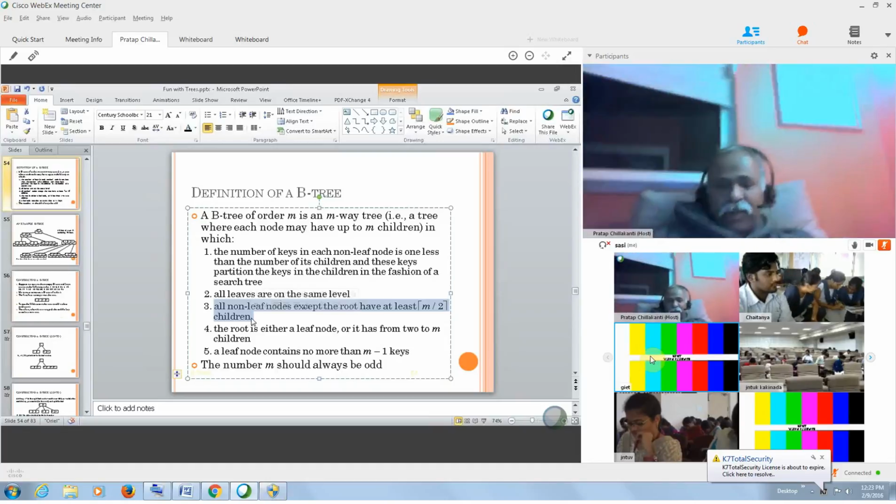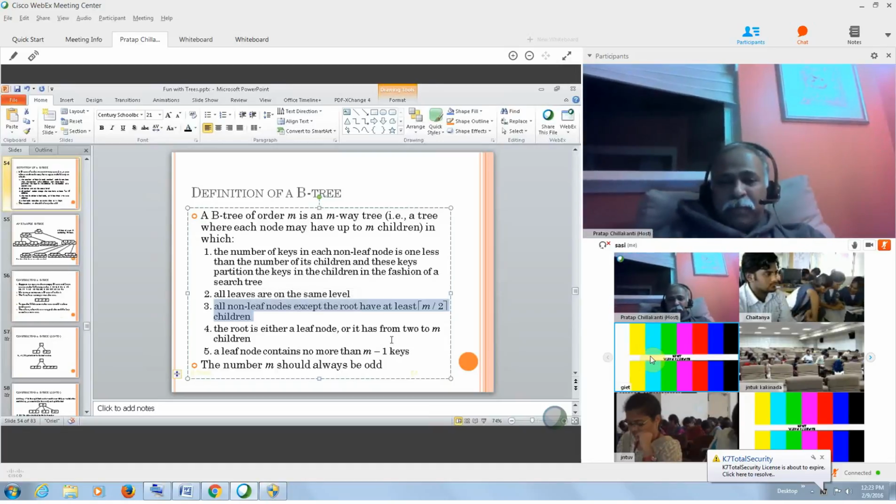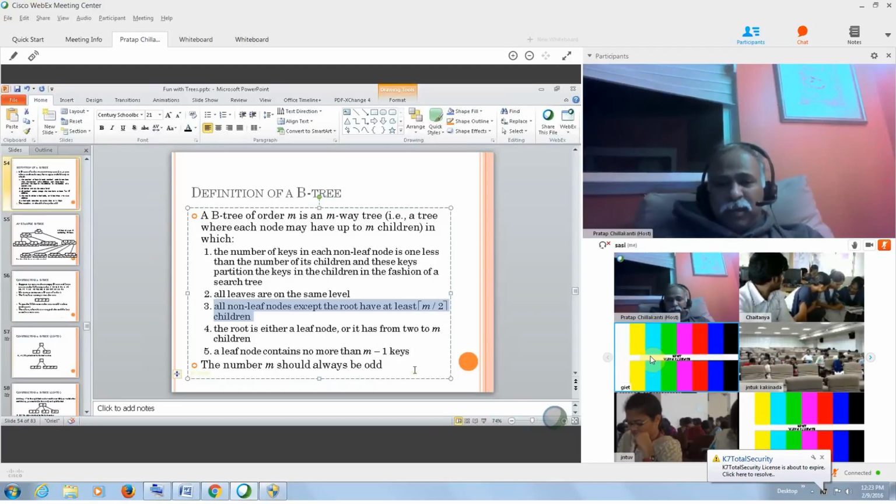For your information, I also posted some exercises for you in the community. Please download them and practice those problems. There are 1 or 2 programming problems there. For those of you who want to implement these trees, those exercises would be good.